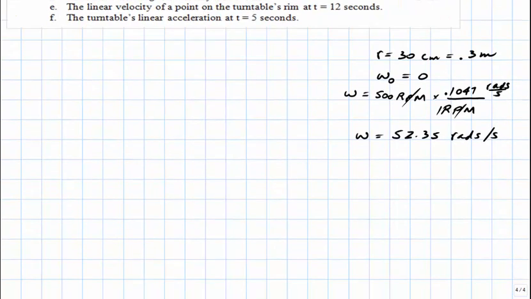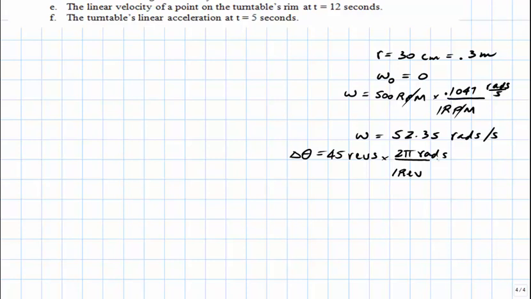Now, angular displacement is represented by delta theta. The value that's given is 45 revolutions, and we know that 1 revolution equals 2 pi radians. Therefore, delta theta in phase B equals 282.7 radians.